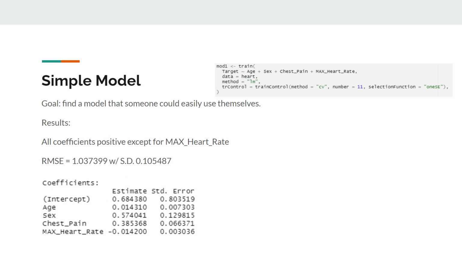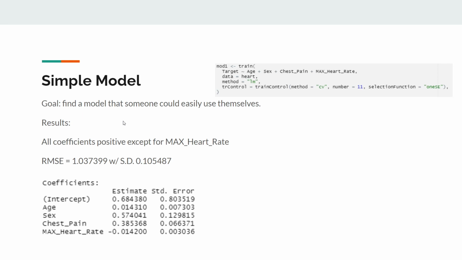So on that goal, the first thing I want to do is create a simple model that anybody could easily use themselves. So that's why I made the predictors for this model specifically age, sex, chest pain, and max heart rate, which individuals should hopefully be able to measure and find out by themselves and plug into this model. And all it is is a simple linear model here.